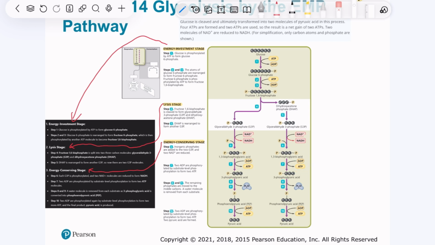Steps 8 and 9. A water molecule is removed from each substrate as 3-phosphoglyceric acid is converted into phosphoenolpyruvic acid, or the PEP. And then finally, the last step, step 10. Two ADP are phosphorylated again by substrate level phosphorylation to form two more ATP. And the final product is the pyruvic acid.